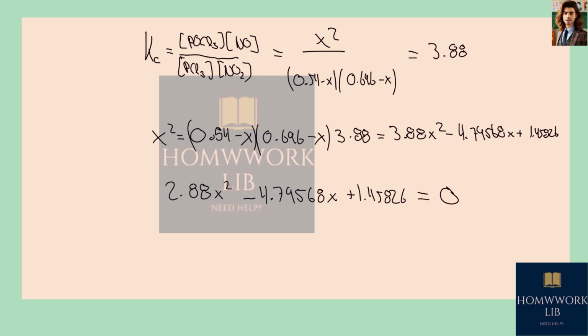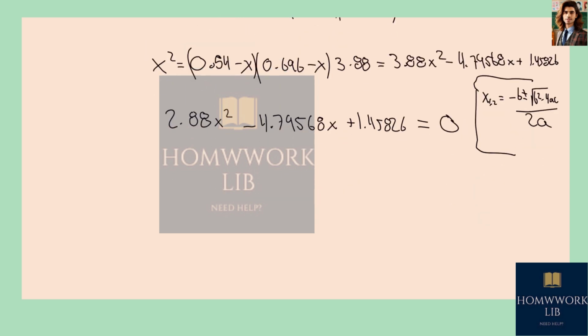We can solve this either by solving the quadratic expression in a scientific calculator or by finding the x values with the general formula, minus b plus or minus the square root of b squared minus 4 times a c, divided by 2 times a. Solving this equation, we find x1 and x2, which are equal to 0.400316 and 1.26485. So which value is going to be correct?